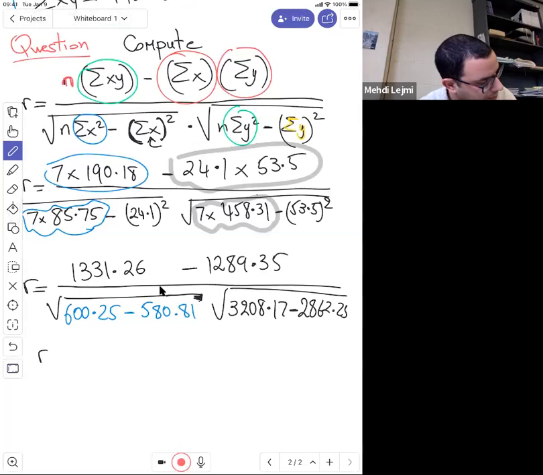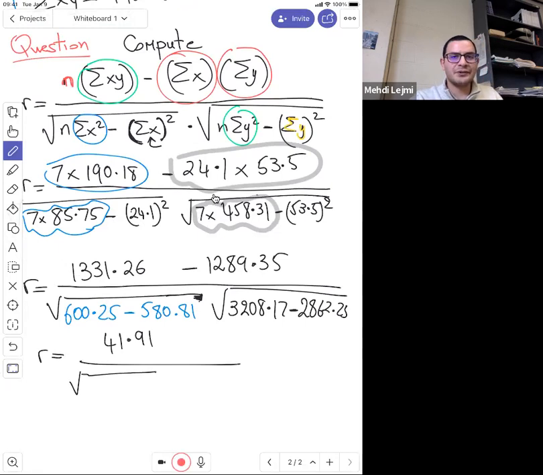Right. Now we can subtract. We can finish the top. So we subtract 1,331.26 minus this 1,289.35. So that will be 41.91 over. And just give me 1 minute, guys. I'm going to be done in a minute. So we have 600.25 minus 580.81.